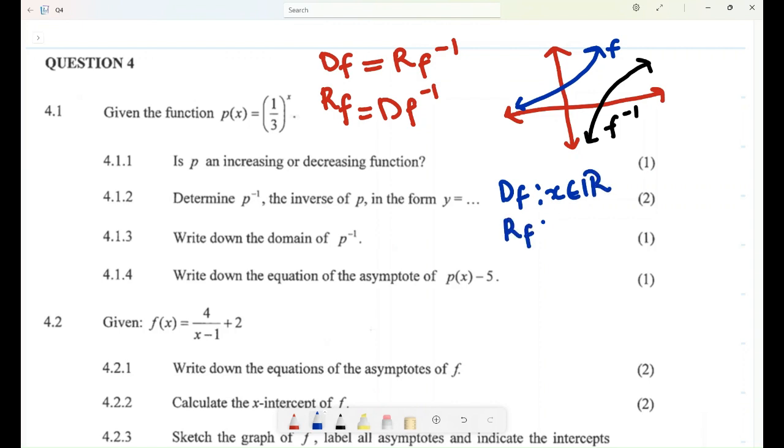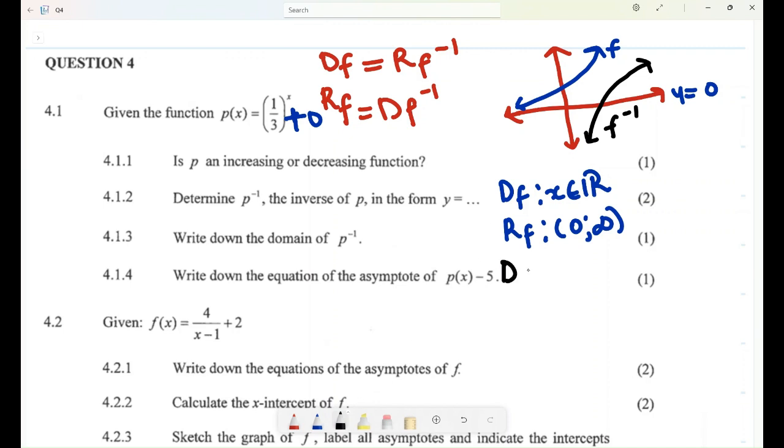The range of f: remember here y is equal to 0, this is your asymptote. Why? It is because of plus 0 here, right? So it's gonna be everything above 0. So we're gonna say from 0 to infinity. This 0 is not included. Why? Because it is an asymptote.